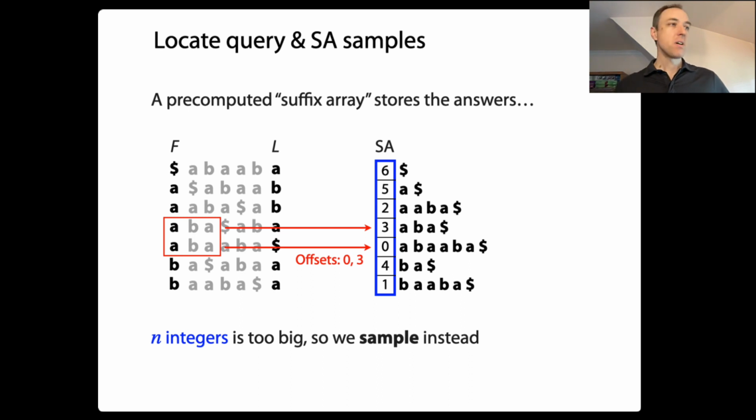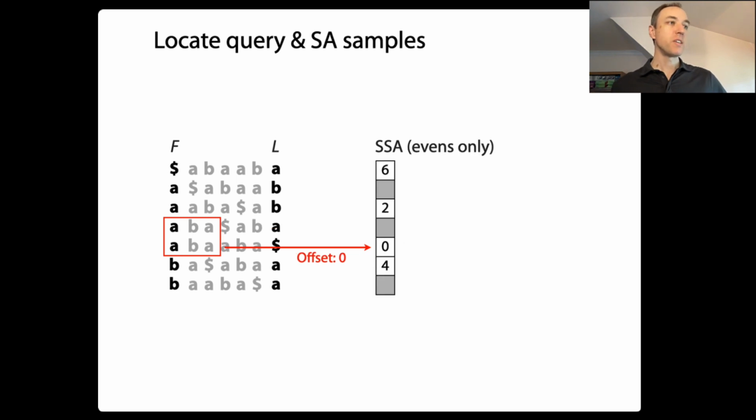We weren't even satisfied with n integers before. When we were talking about the FM index, we came up with the idea of subsampling the suffix array, so that instead of keeping all the elements of the suffix array, let's say we just kept some of them. For example, let's say we kept the even ones.